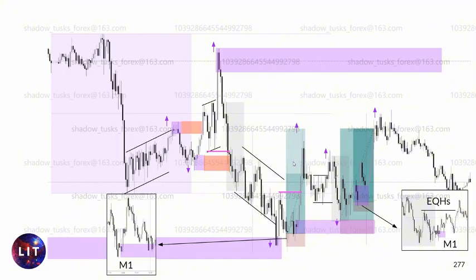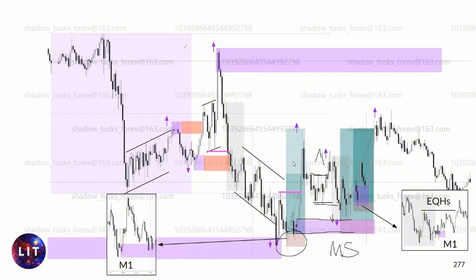We have this where we have our build up, inducement high into inducement low. This is obviously your potential first trade, like after this one, where you have your M5 LIT.